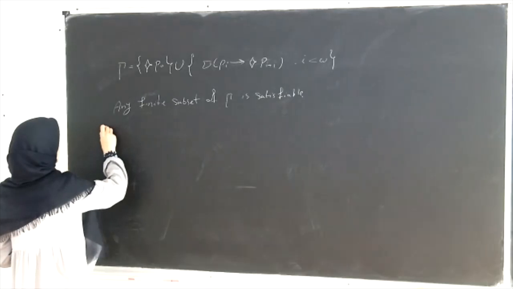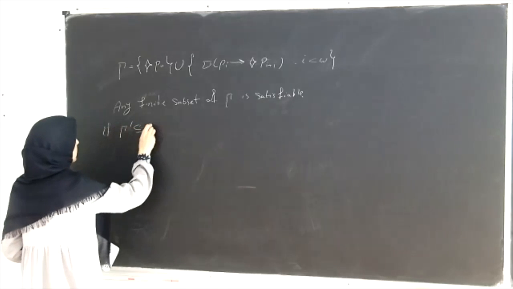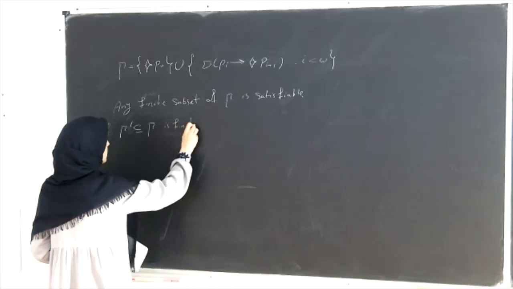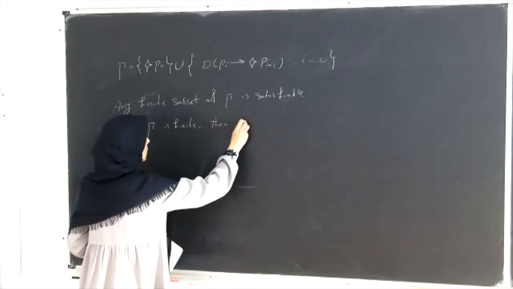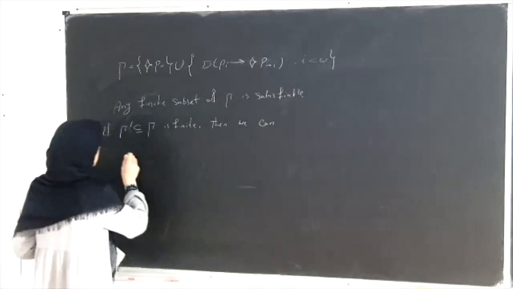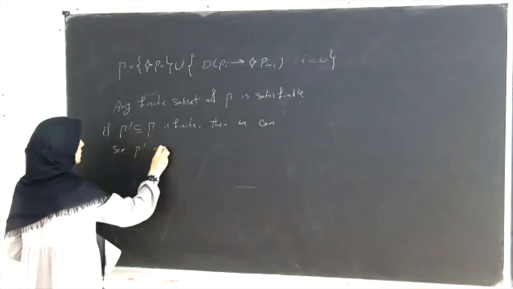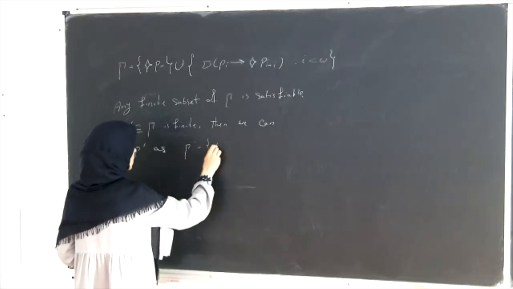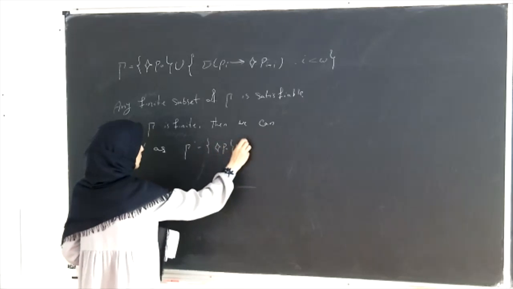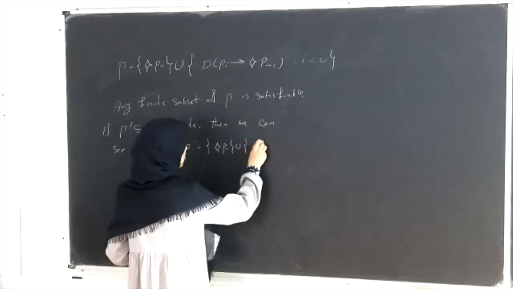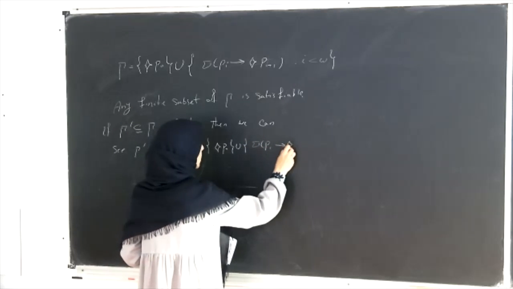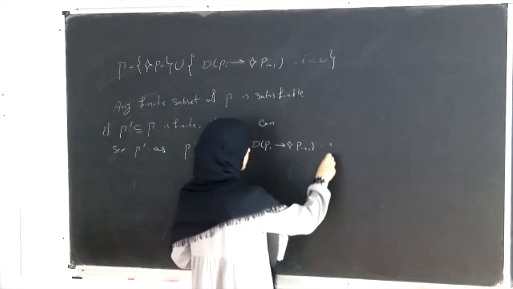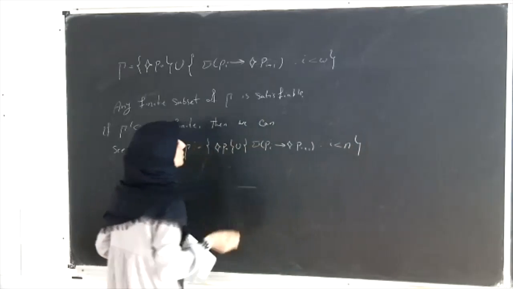Because if gamma prime is a finite subset of gamma, then we can consider gamma prime as a set in the form of diamond of P0 union box of (Pi then diamond of Pi plus 1) for i less than some n.